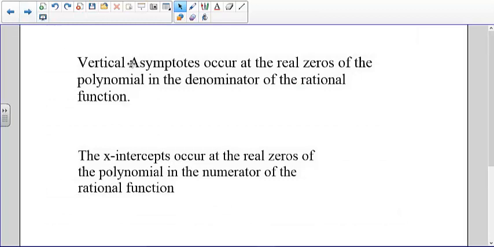And so, as I just said, vertical asymptotes occur at the real zeros of the polynomial in the denominator of the rational function. So the things that we learned about how to find zeros of polynomials come into play here. What will happen is the function will actually be undefined at the vertical asymptotes.